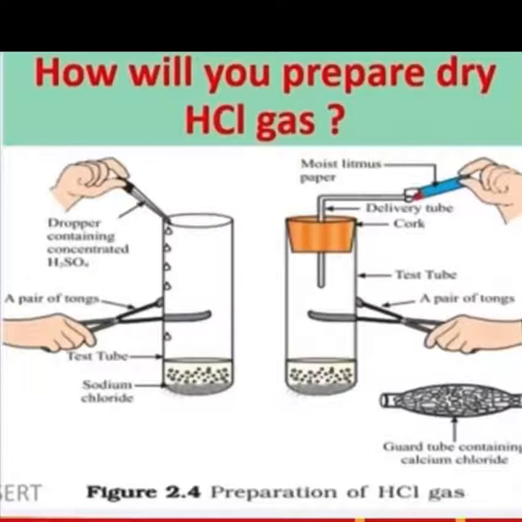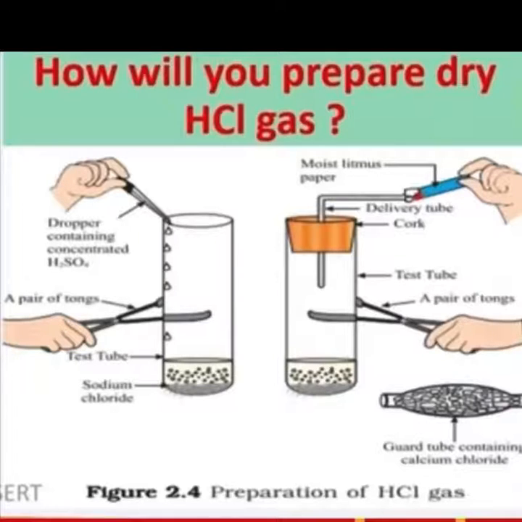Then add sodium chloride into that. Okay. We are adding sodium chloride and you are getting HCl. Okay. What's the reaction, children? Here you are taking concentrated sulfuric acid, then add sodium chloride into it. Then we will get HCl.